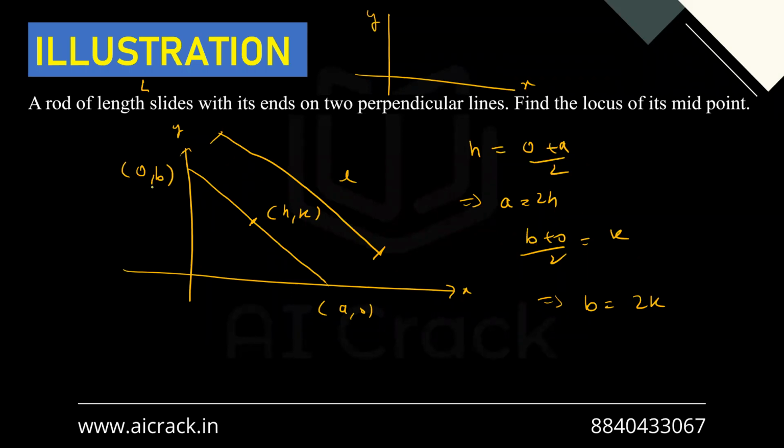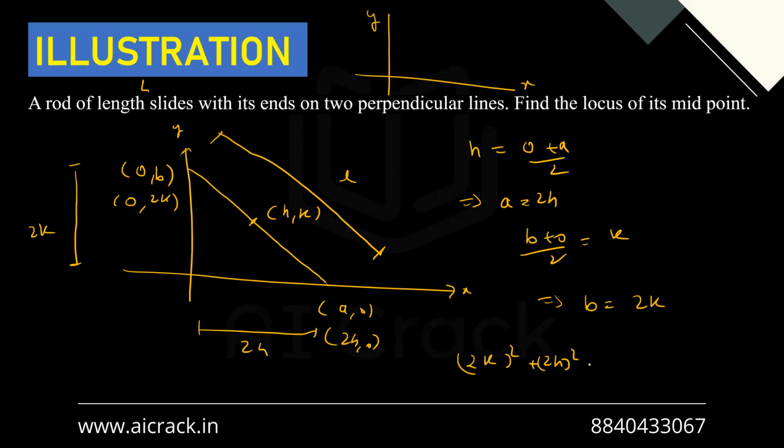So we have got coordinates over here, this is 0 comma 2k, and this is 2h comma 0. So basically this length is 2h and this length is 2k. So (2k) square plus (2h) square equals L square with the help of Pythagoras theorem.